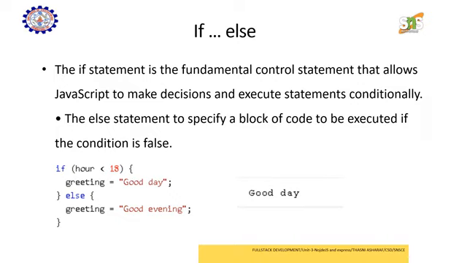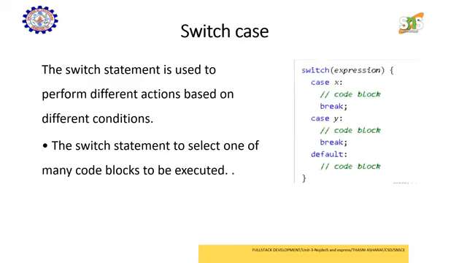For example, if hour is less than 18, the greeting will be "Good day", else the greeting will be "Good evening". Based on my timing, my hour will be less than 18, so my greeting will be "Good day". So this statement fulfills the if else statement.